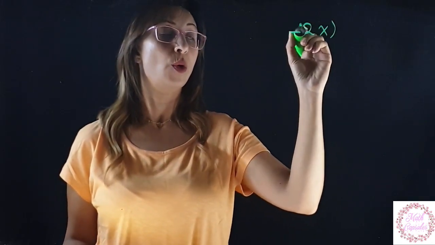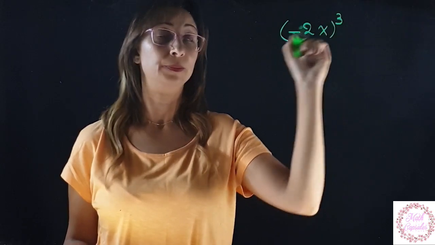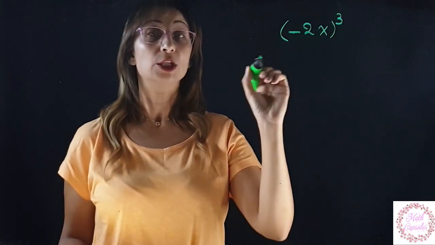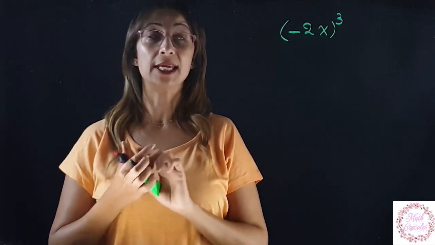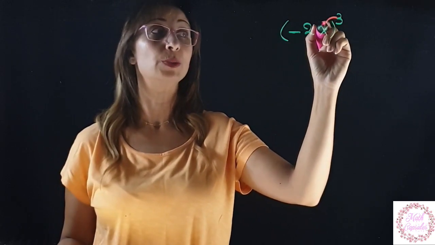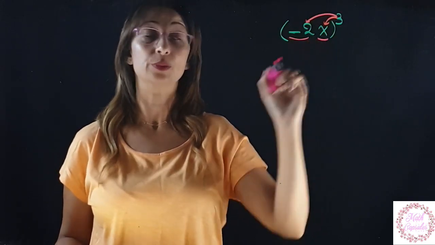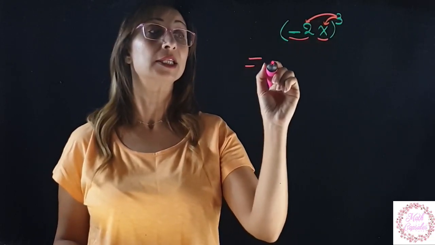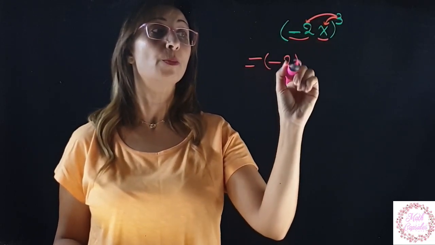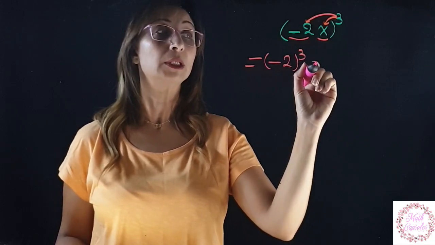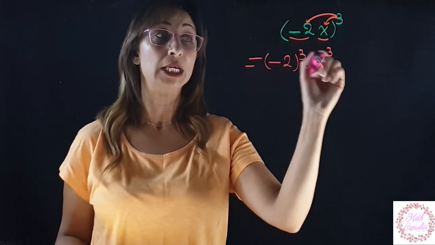Let's have another example with negative numbers, like negative 2x all power 3. By the rule, the 3 is going to be distributed on x and on the negative 2. So it will be negative 2 power 3 multiplied by x power 3.